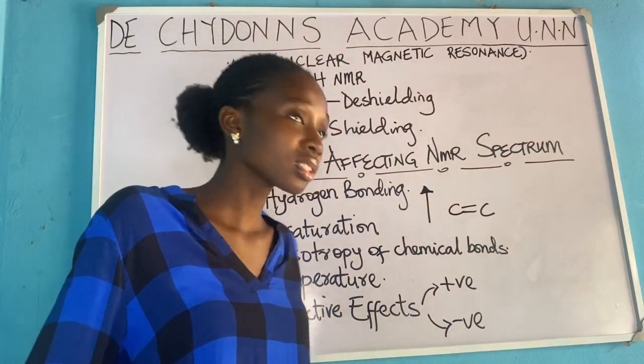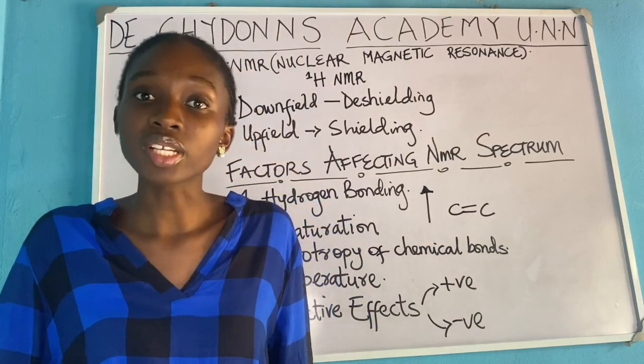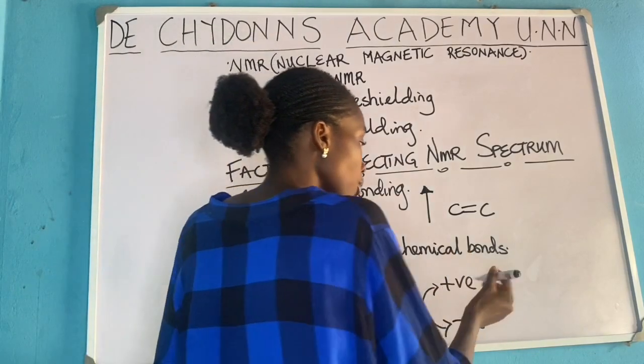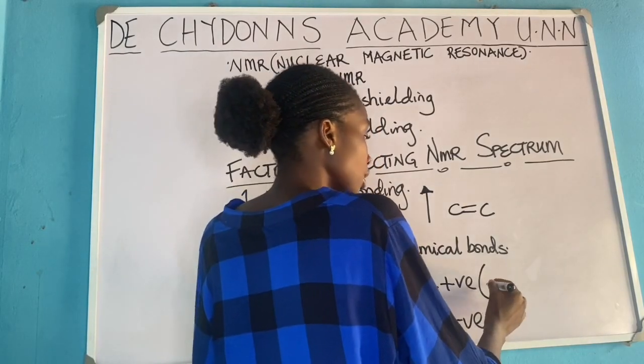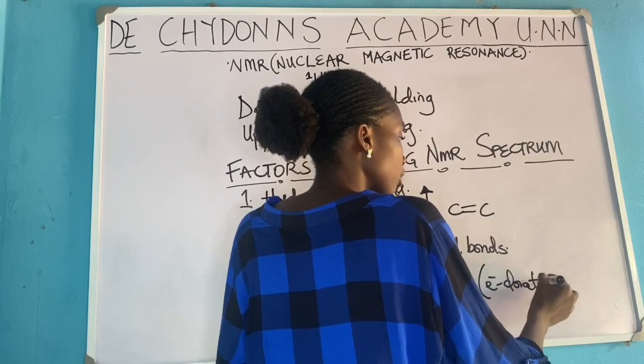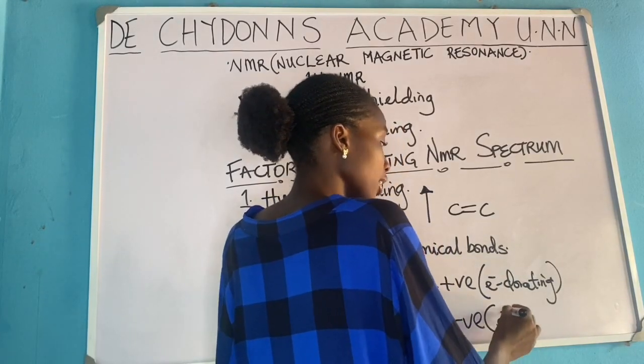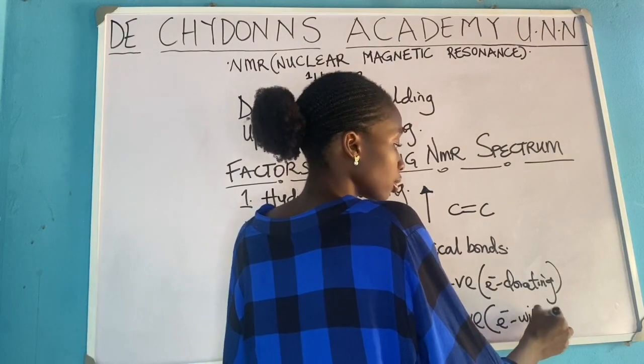Negative inductive effects are gotten when compounds with electron withdrawing effects are in your sample. So the positive inductive effect is for electron donating groups, and the negative inductive effect is for electron withdrawing groups.